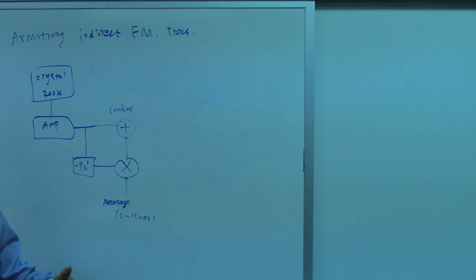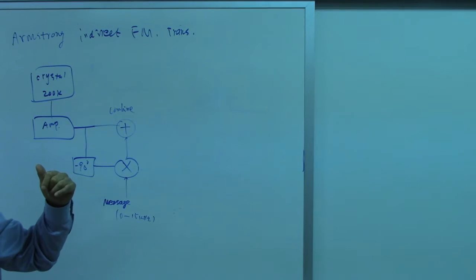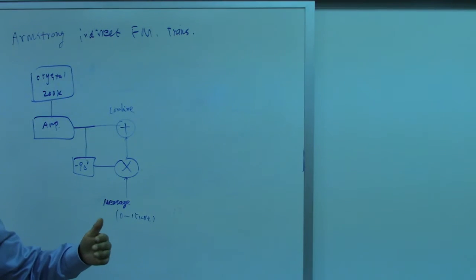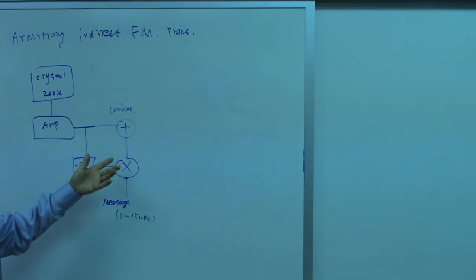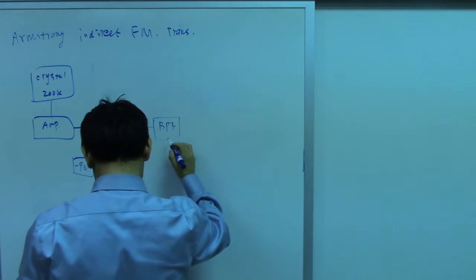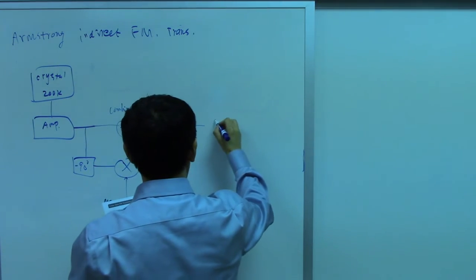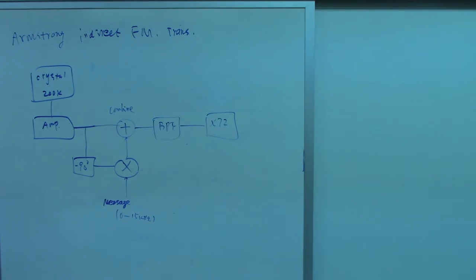We discussed a lot in the first chapter, the operational amplifiers, how the two inputs can be added up together, right? So add. And then we have this band pass filter. I always put it somewhere here. Then this one is multiplied by 72, frequency multipliers.